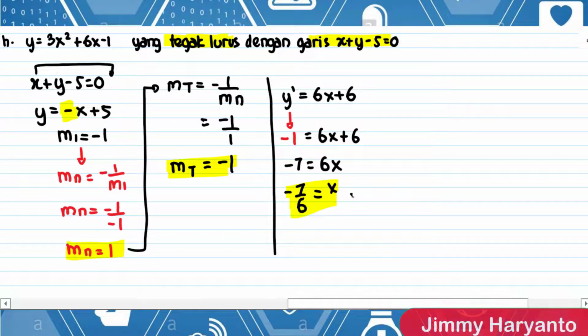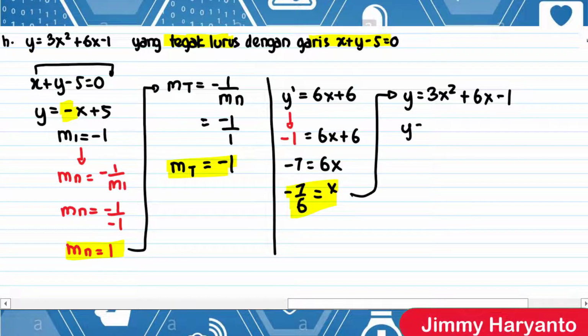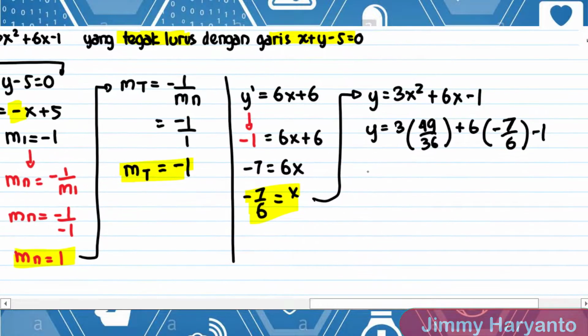Next is to find the y. To find the y, you will replace the x with negative 7 over 6. So y equals 3 times 49 over 36, oh my god, this is a nightmare guys, negative 7 over 6, negative 7 over 6, and then minus 1. So I will have 49 over 12 minus 7 minus 1.